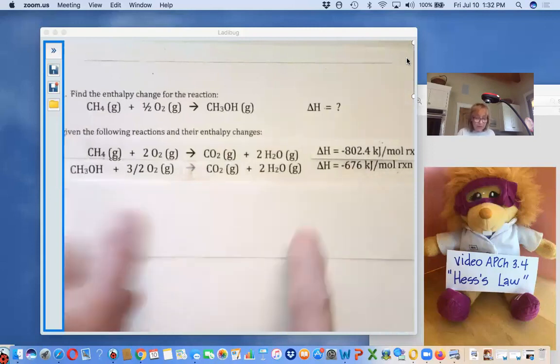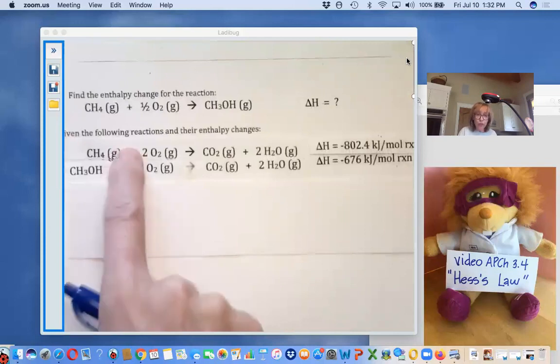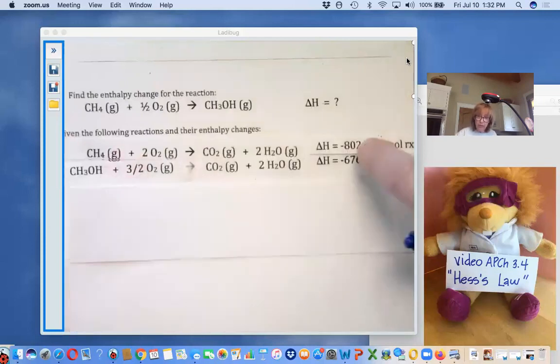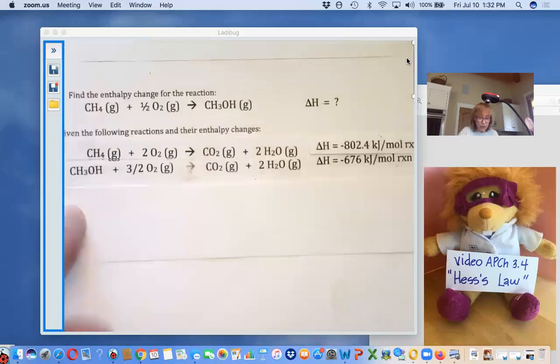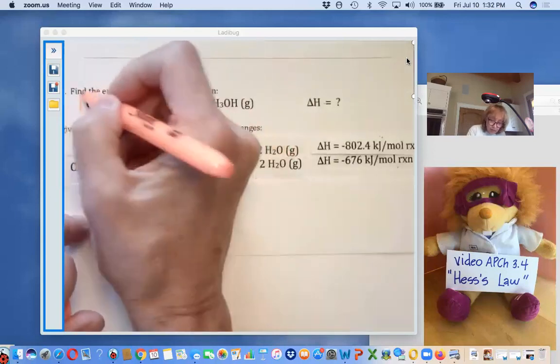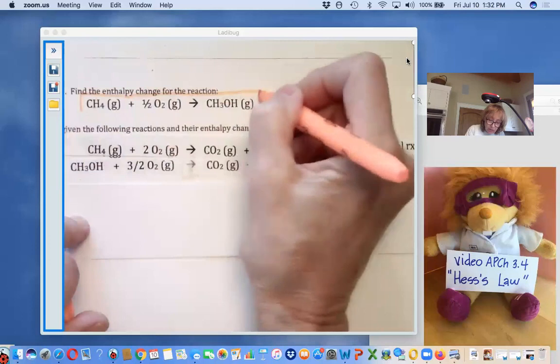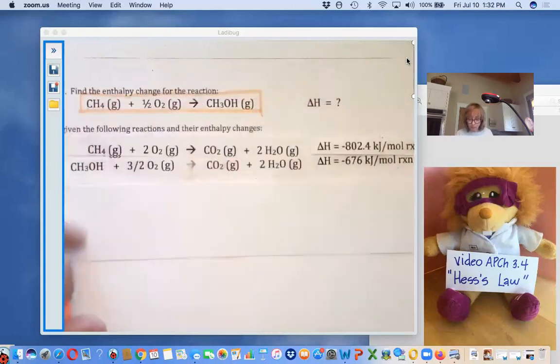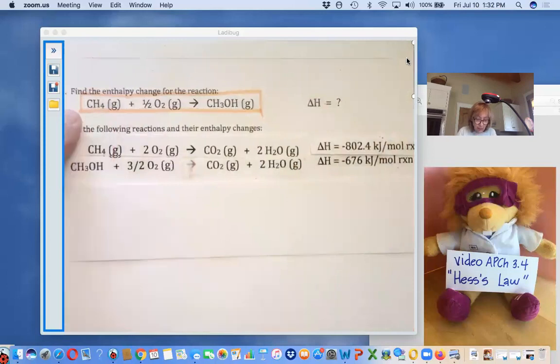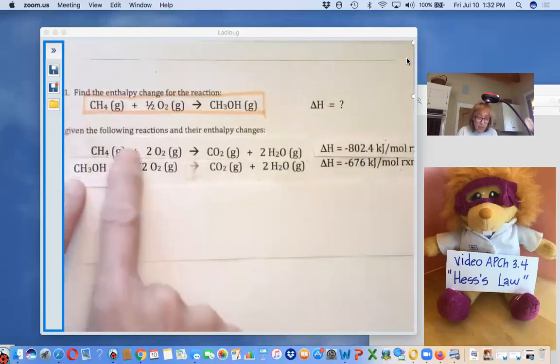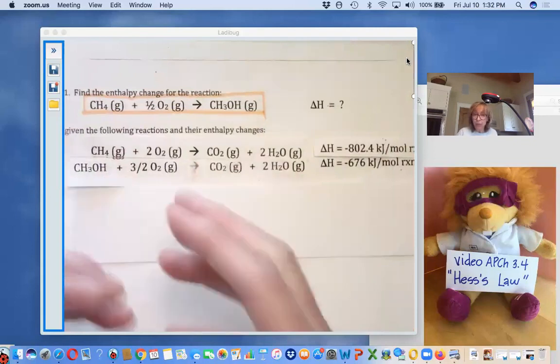All right, so we want to see if we can play with these two equations whose delta H values we know. Can we play with these two and come up with this guy? This is our target. So this is what we want to end up with. All right, so I am going to look at my target equation. I'm going to look at my first reactant, methane, and then I'm going to go down to my two equations that I get to play with.